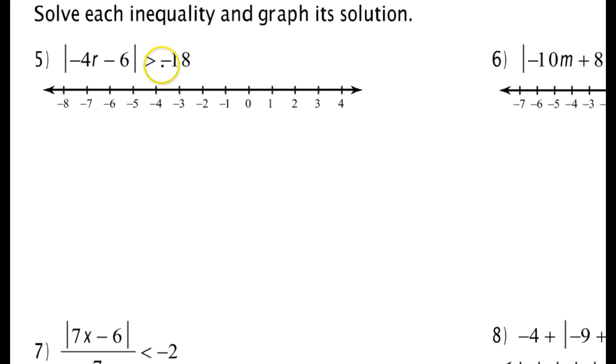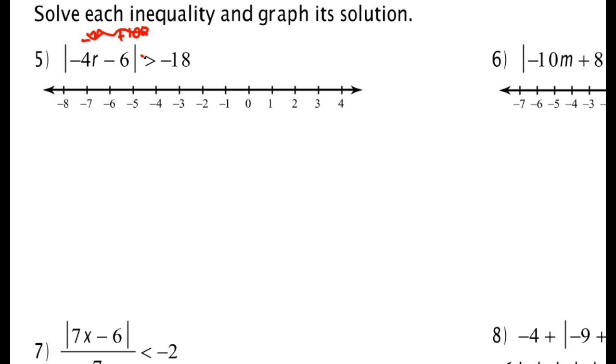It's always going to be bigger than negative 18, right? No matter what number I pick, if I plug in negative 2, simplify it in there, I'll get 8 minus 6, absolute value. That's bigger than negative 18. I could put in negative 100. I could put positive 100, right? Negative 400 minus 6, negative 406. But absolute value of negative 406 is still bigger than negative 18. So now I'm switching my mind.